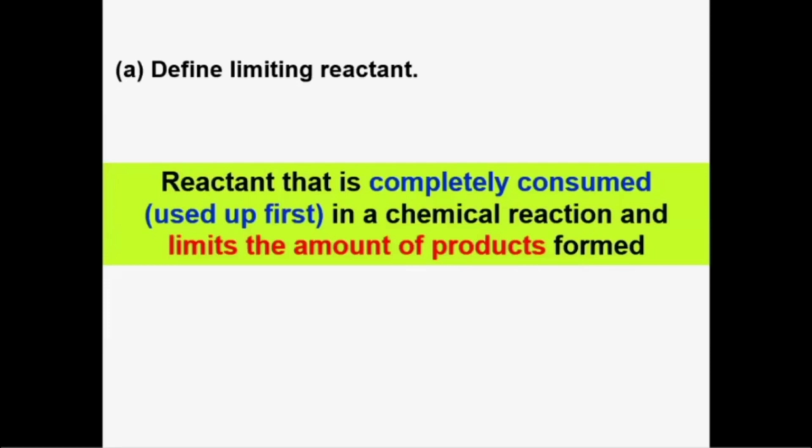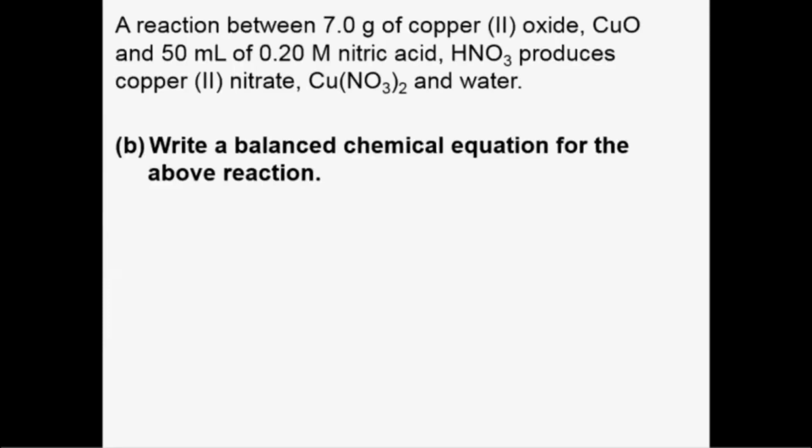The first point is a reactant that is completely consumed in a chemical reaction, and the second point that you must state in your definition is that this limiting reactant limits the amount of products formed. These 2 points will be the definition of limiting reactant: a reactant that is completely consumed in a chemical reaction and limits the amount of products formed.